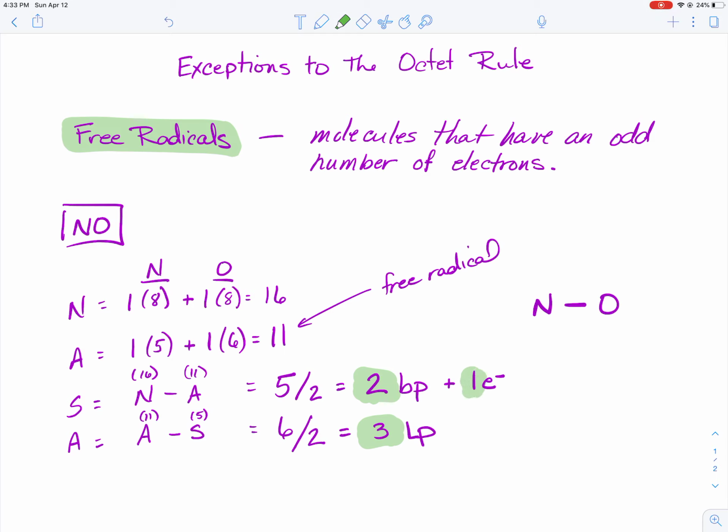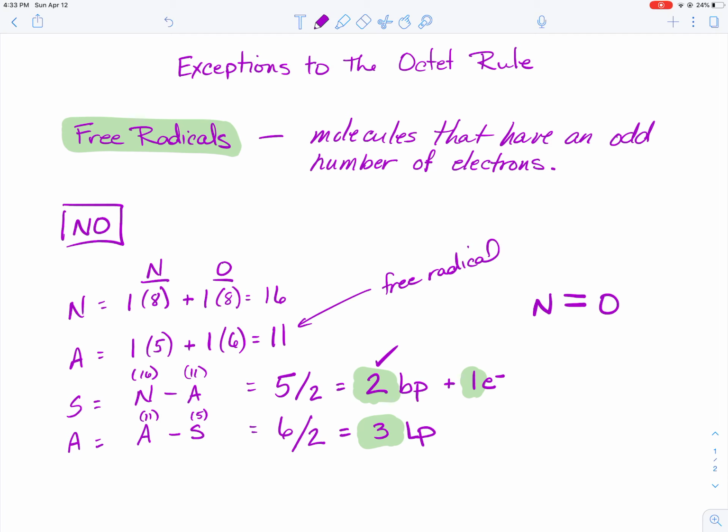This time we have an additional thing to make sure we place into our structure. We have a total of 2 bonding pairs. Well, we only have one written, so we're going to draw a second bonding pair to match that up. And there's only one place to put it, so we put that as a double covalent bond.